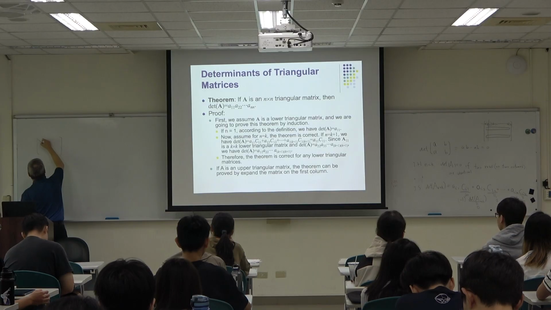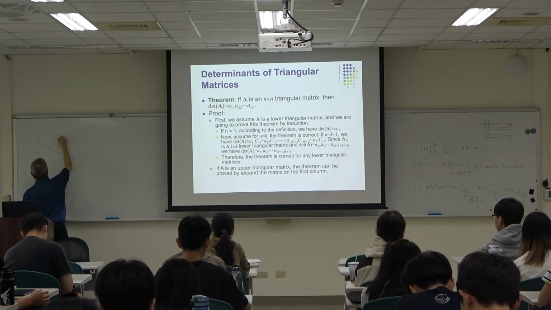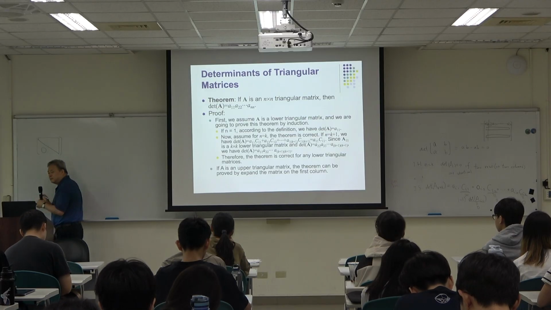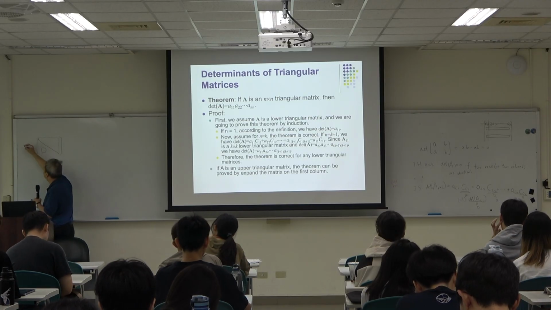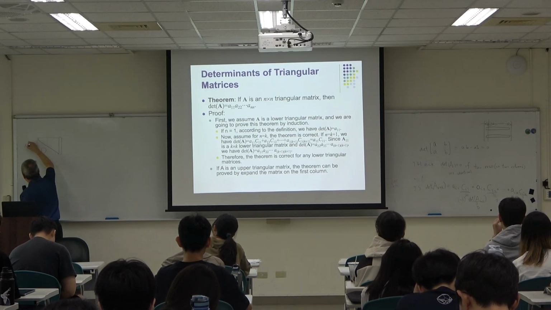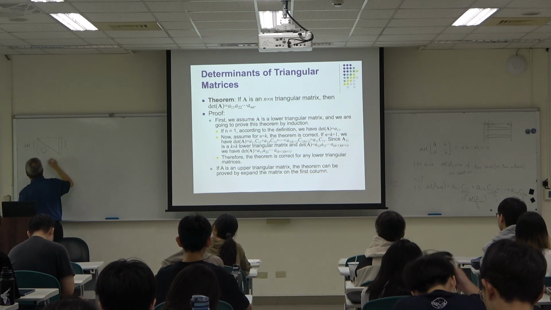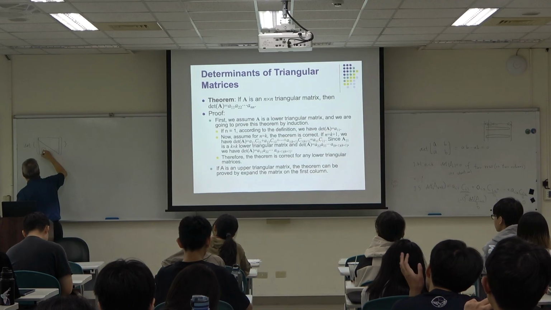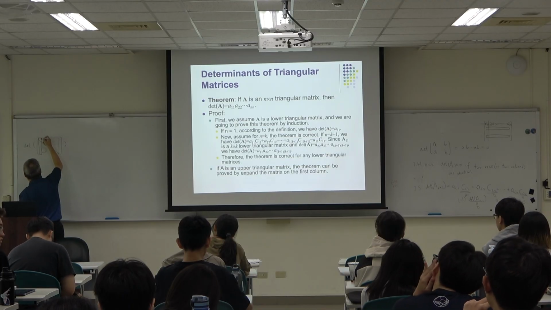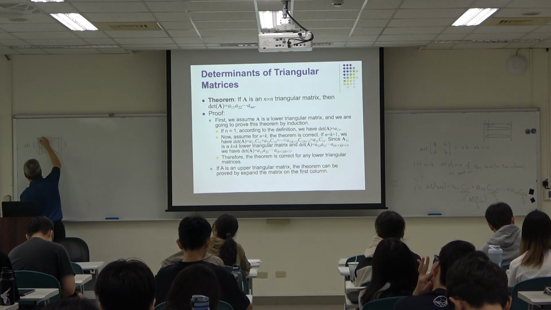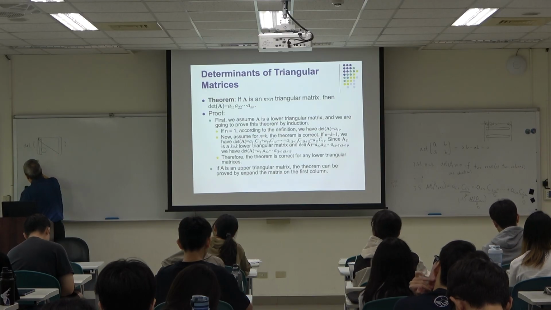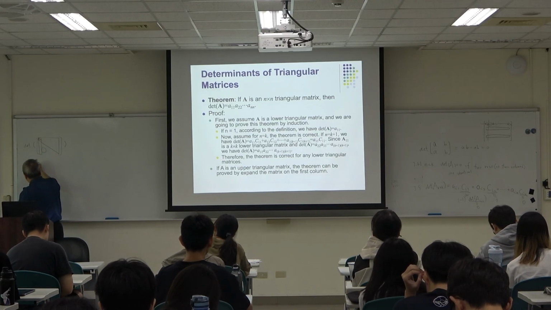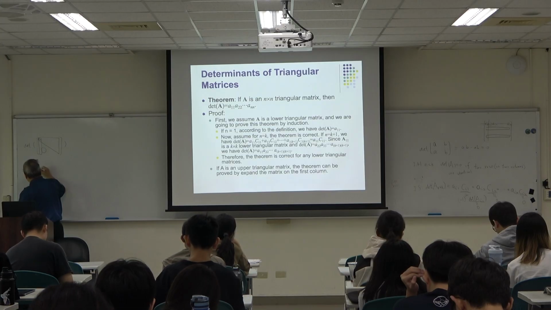So if it's upper triangular, we have a value here and all the other values below are 0. So for the determinant, you expand through the first column. This is A11, so it's going to be A11 times C11.